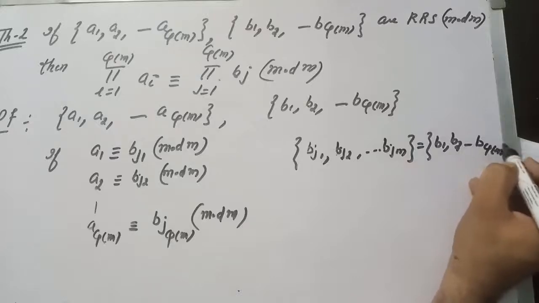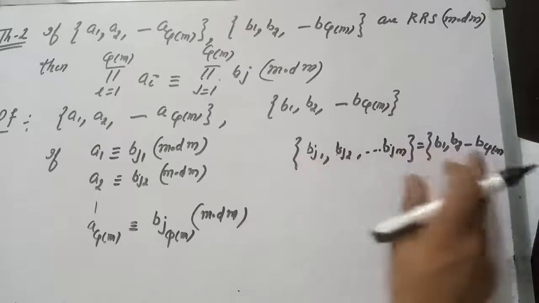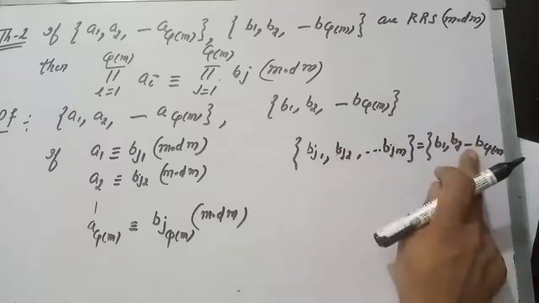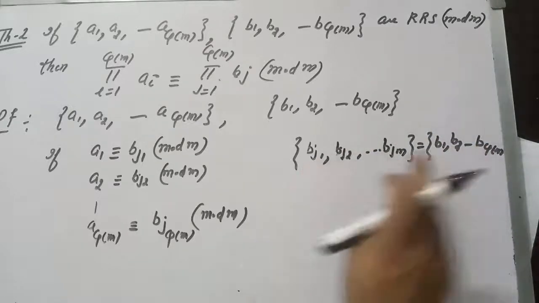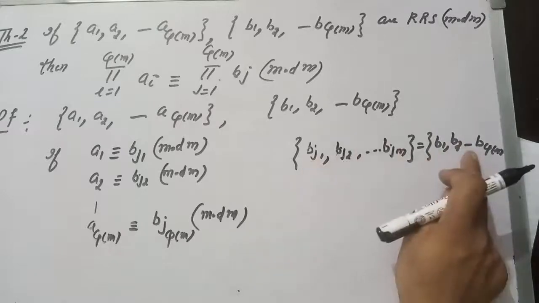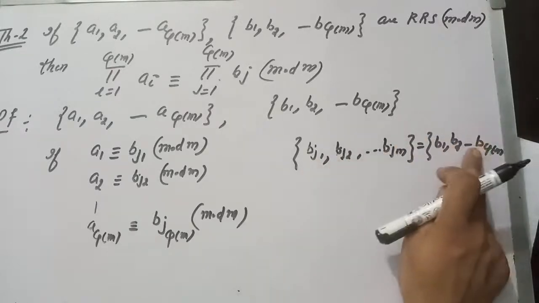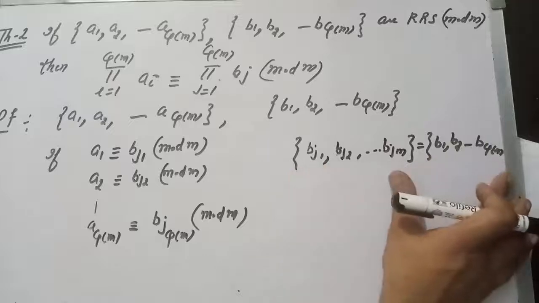You should not confuse Bj1 with B1. Bj1 may be some different element, and Bj2 may be some other element, but as I said, the sets are equal.